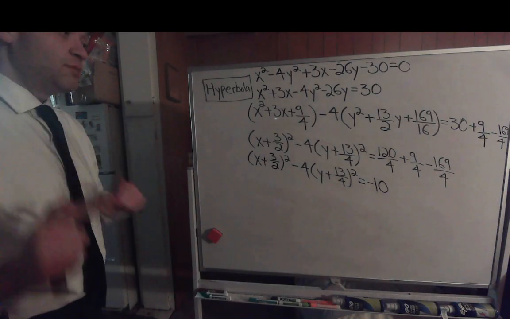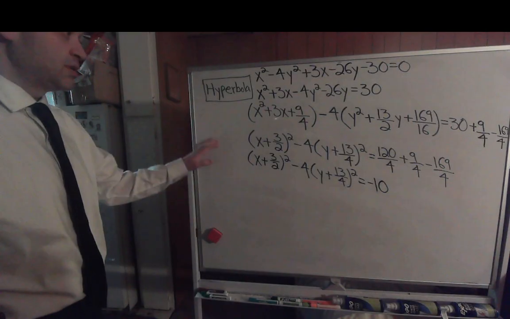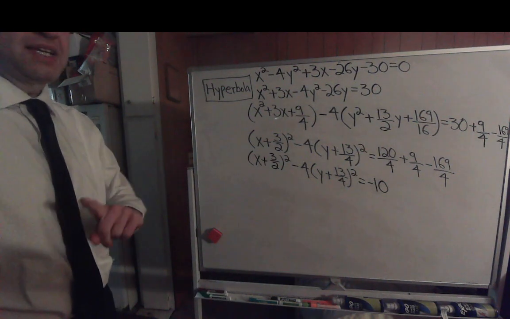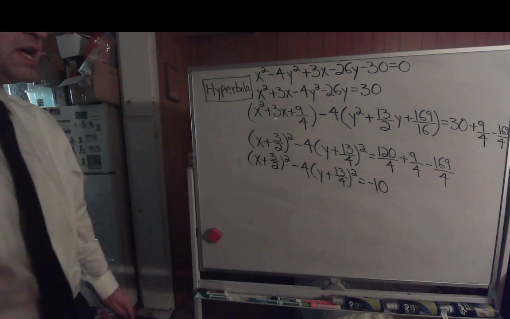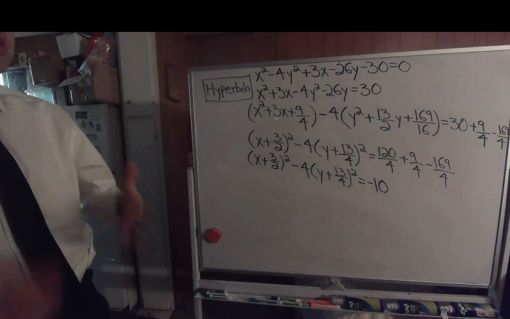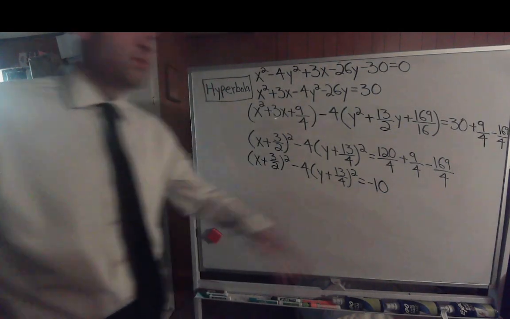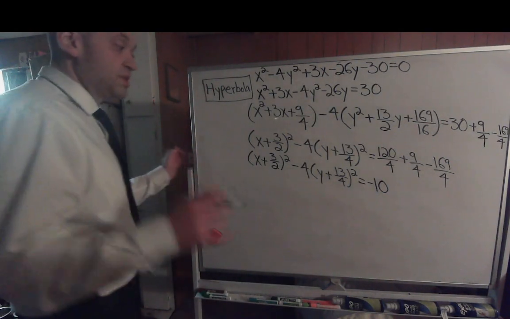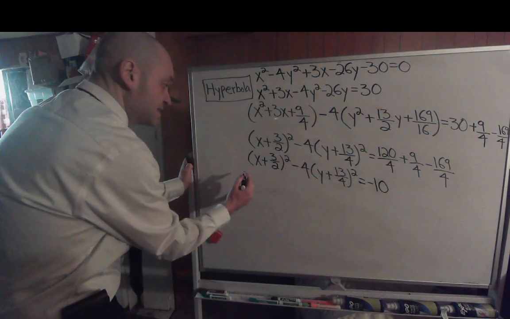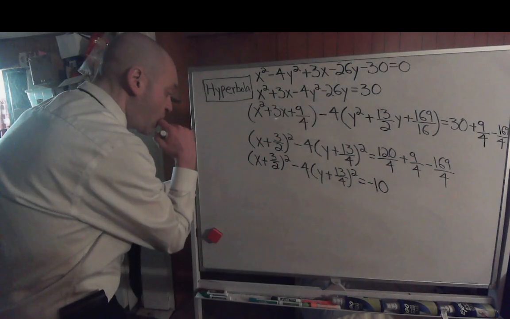Well, it would almost look like this is a hyperbola with your major axis being your x-axis, but that's actually not the case. Not at all. Because you have a negative 10 on the right-hand side, you have to make the right-hand side equal to 1. So what this is going to turn into is you'll actually make the y-axis the leading axis.